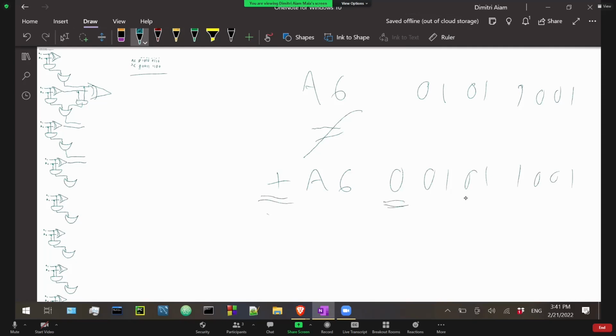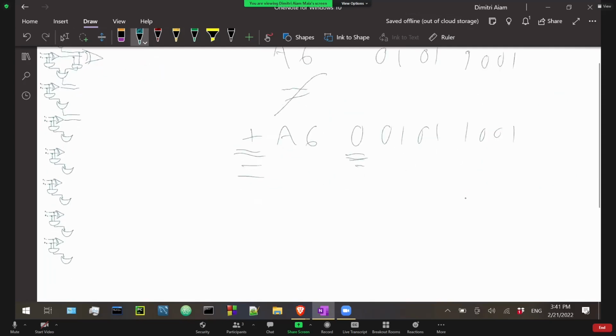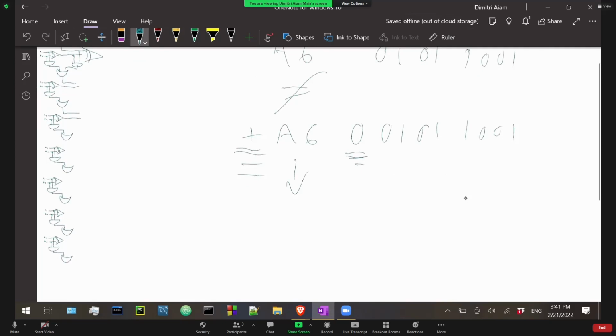So this is this thing over here. Do you see? That's the difference. When you turn this thing into negative A6, you have to flip this entire thing. This becomes a 1, and then 1, 0, 1, 0, 0, 1, 1, 0.